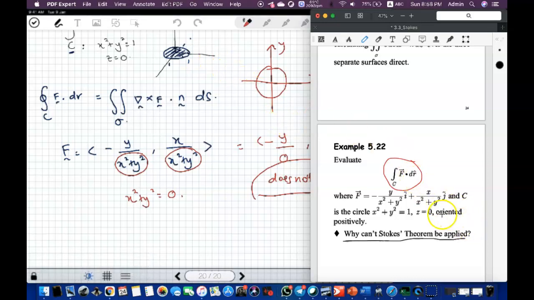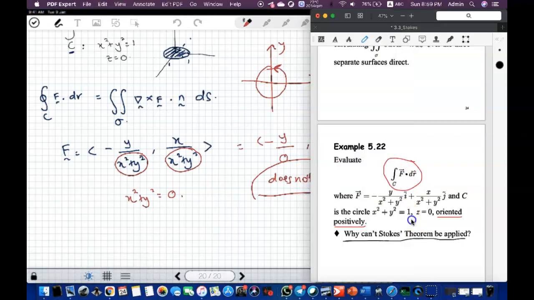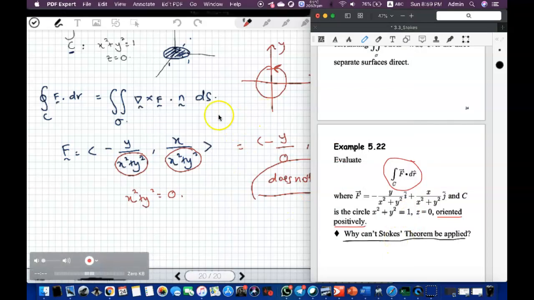And there is the phrase oriented positively. As I mentioned before, oriented positively for Green's theorem is always the anti-clockwise direction. In this case, whether Stokes or Green's, both of them are not applicable because of the function f.